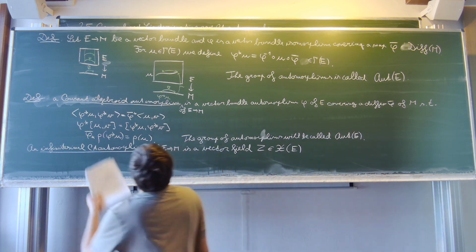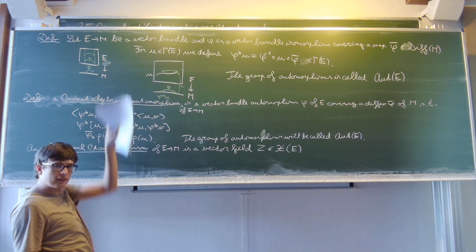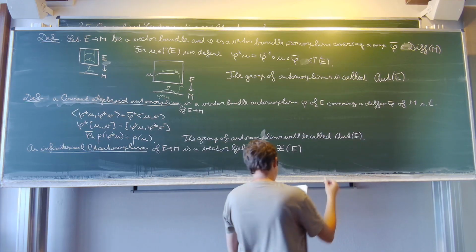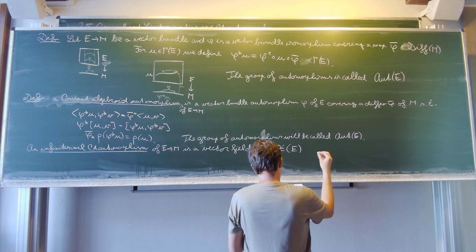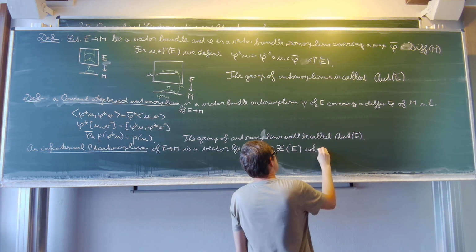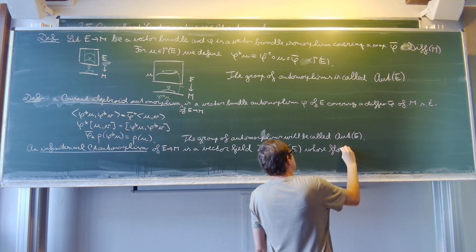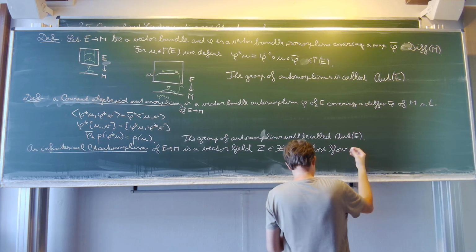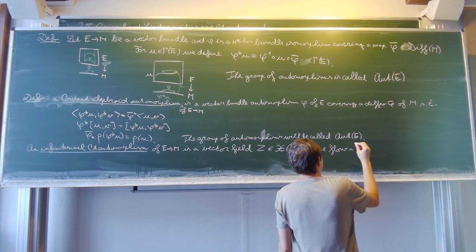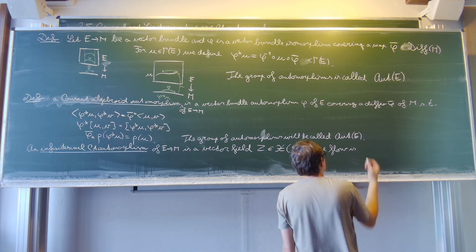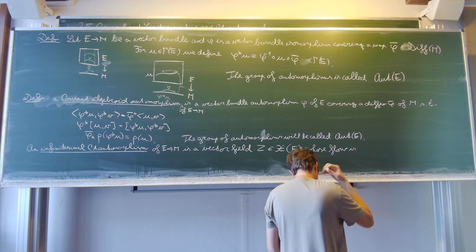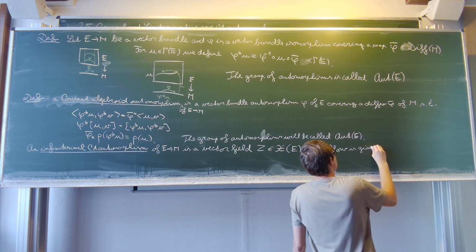Okay, so it's a bunch of arrows, but not down, but up. Whose flow is given by Courant algebroid automorphisms.